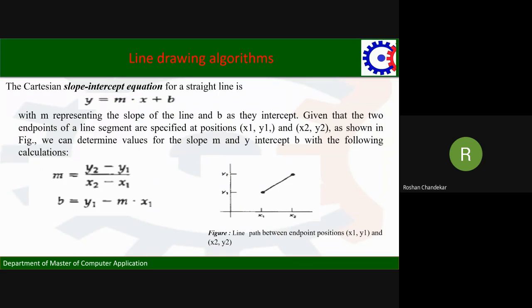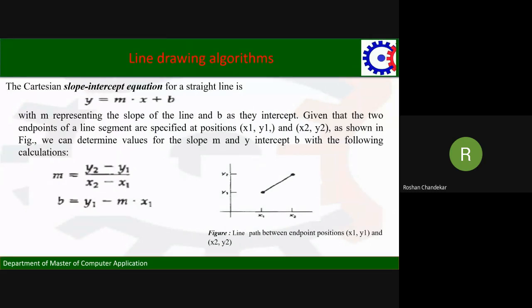When we have to write the line drawing algorithm, the first thing that comes to mind is to write down the equation for a straight line, that is y = mx + b.